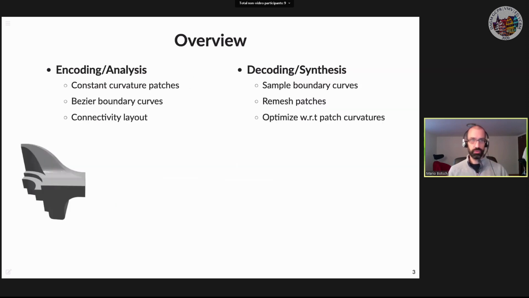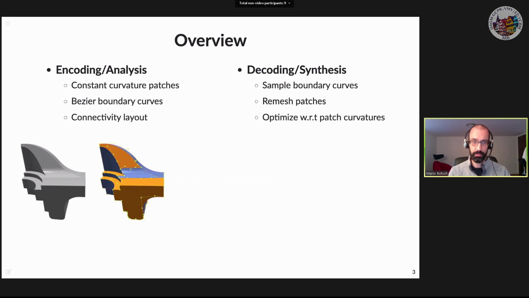So what we want to do is both an encoding and the corresponding decoding, or you can also call it analysis and synthesis. Given an input triangle mesh on the lower left side, the first part will be segmented into patches of constant curvature, so constant mean and Gaussian curvature. So the curvature tensor is fixed for each patch.